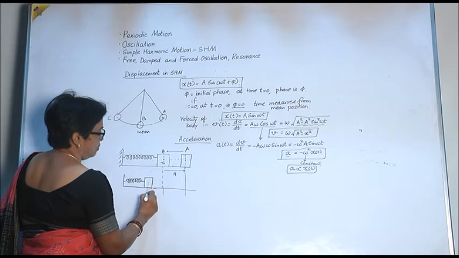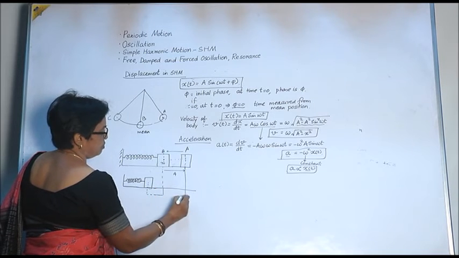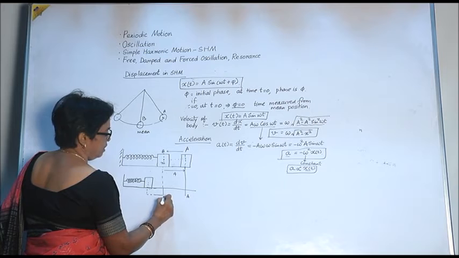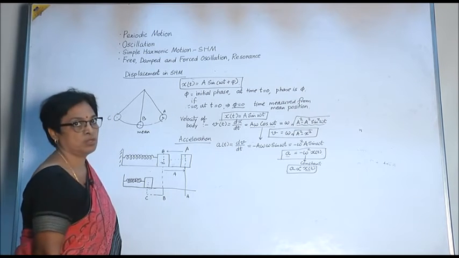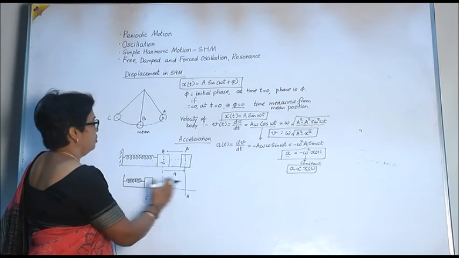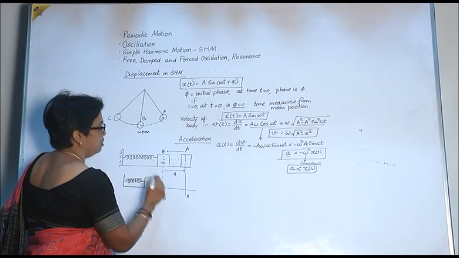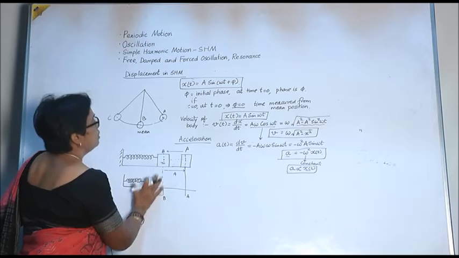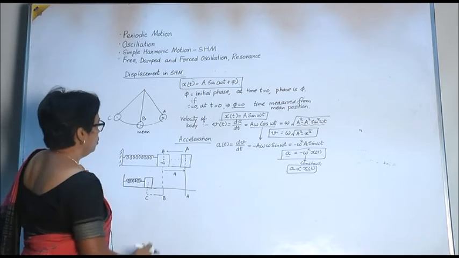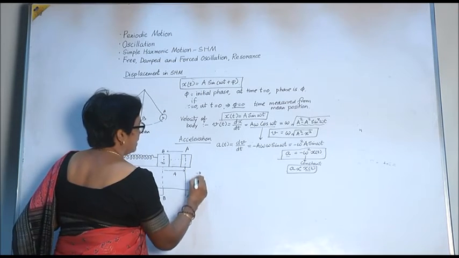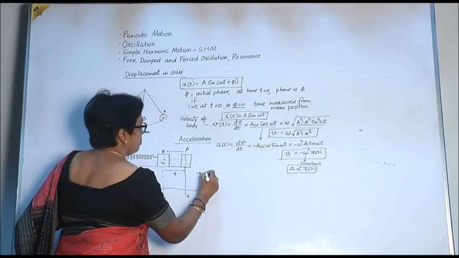So it goes to the other extremum A; this is the B position, and this will be its C position. So the mass is moving to and fro about the mean position, and from this I can say that in SHM this can be written in this manner.